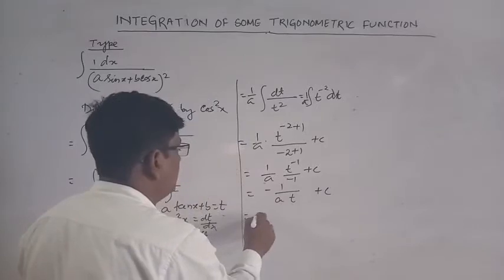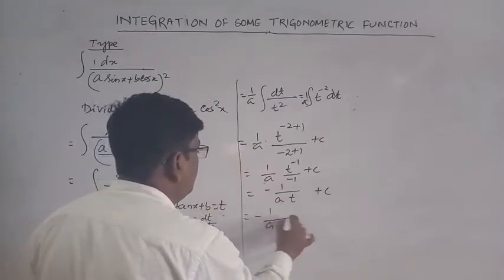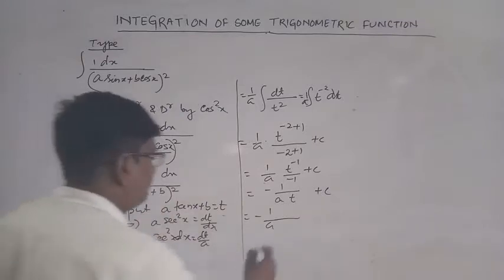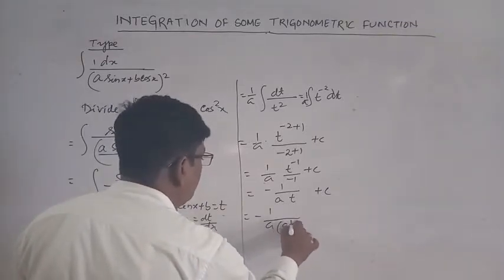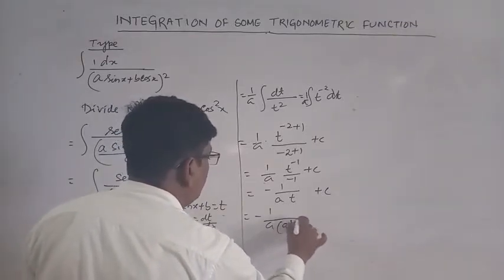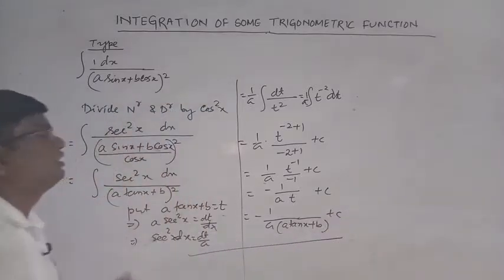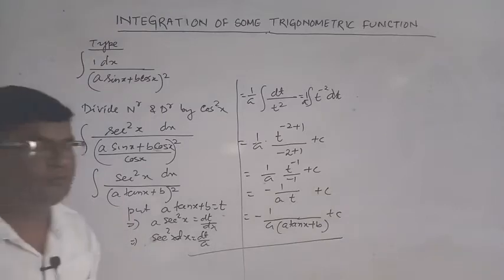What is t here? t means a tan x plus b. So the answer is minus 1 by a(a tan x plus b) plus c. This is the solution of this type of problem.